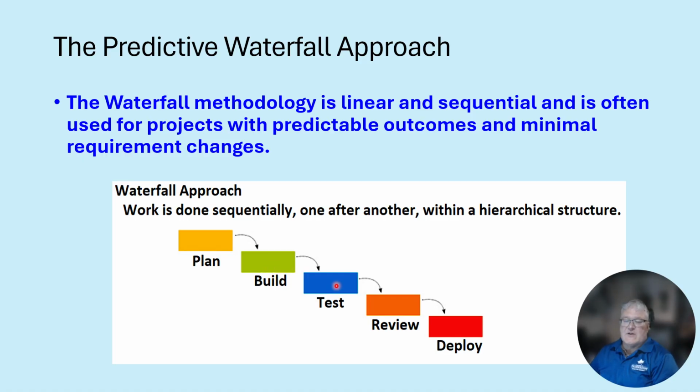Then you test the results, make sure what you've built is okay. So in other words, there's a quality aspect to it. You review the entire project and then you deploy it. So not necessarily the best model, but it's just a model that I pulled off the internet and is one of many models reflecting the waterfall approach.